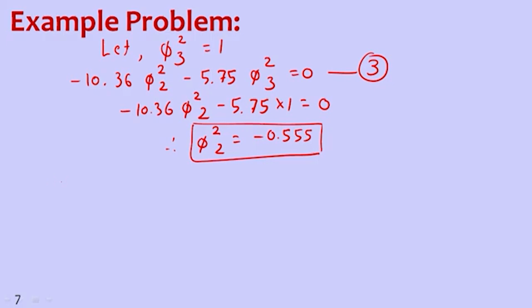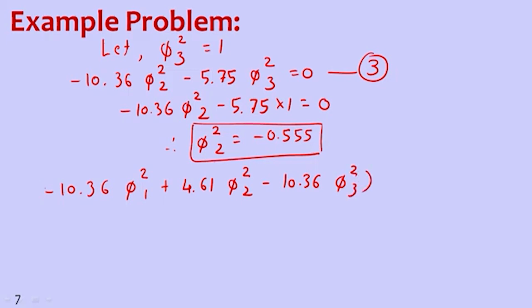Similarly, let us write the equation number 2, which is nothing but the 10.36 521 plus 4.61 522 minus 10.36 523, this is the entire bracket, is equal to 0.